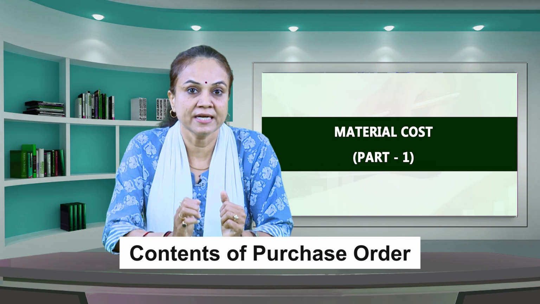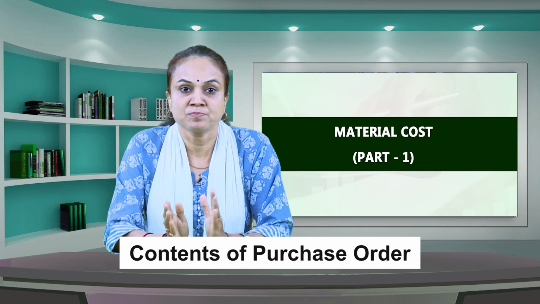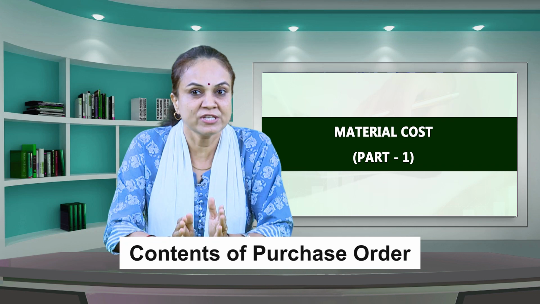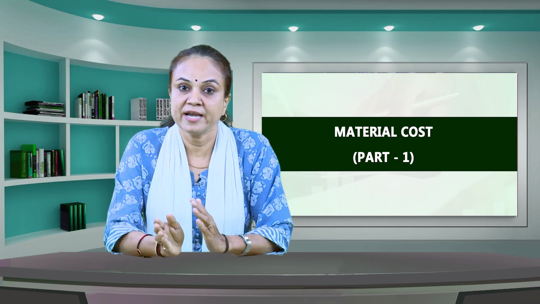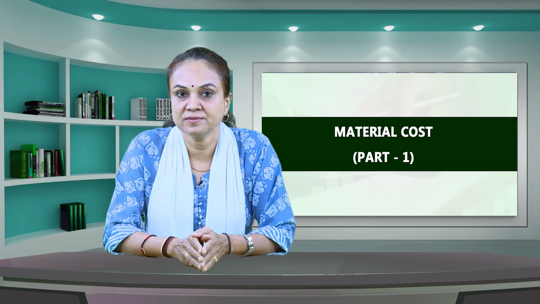Let us discuss the content of purchase order that makes it very precise, which include purchase order number, date of purchase order, name and address of supplier, code number of items required, description of items, quantity of items, date, time and place of delivery, price, transport charges and packing charges and the terms of payment, mode of transport to be used, name and address of buyer, signature of purchase manager.